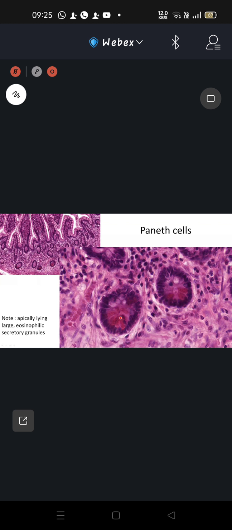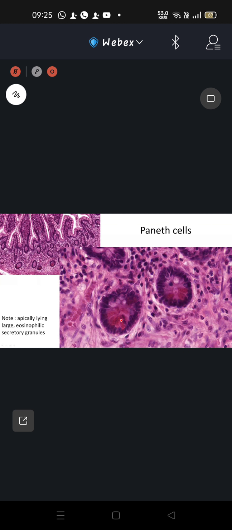The Paneth cells provide innate immunity to the intestinal mucosa by secreting lysozyme, because the granules are lysozyme rich, along with other types of peptide proteins. These lysozymes act on the bacterial wall to hydrolyze it, so this provides innate immunity to the intestinal mucosa.